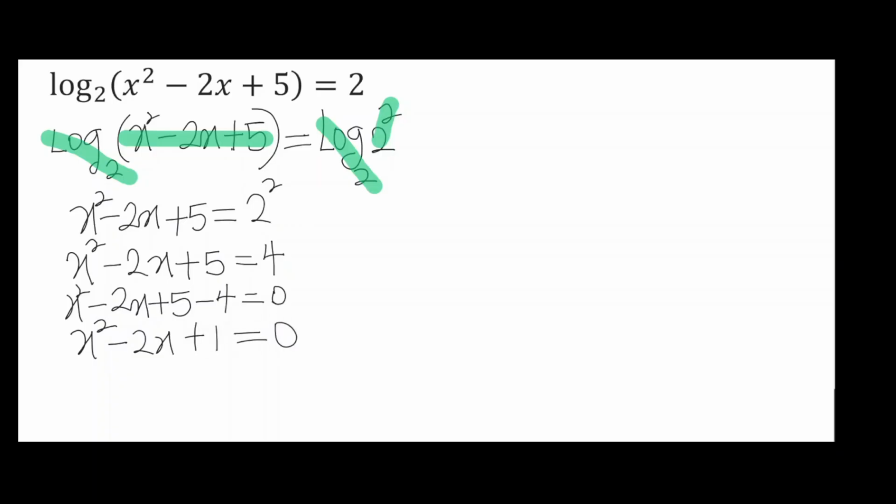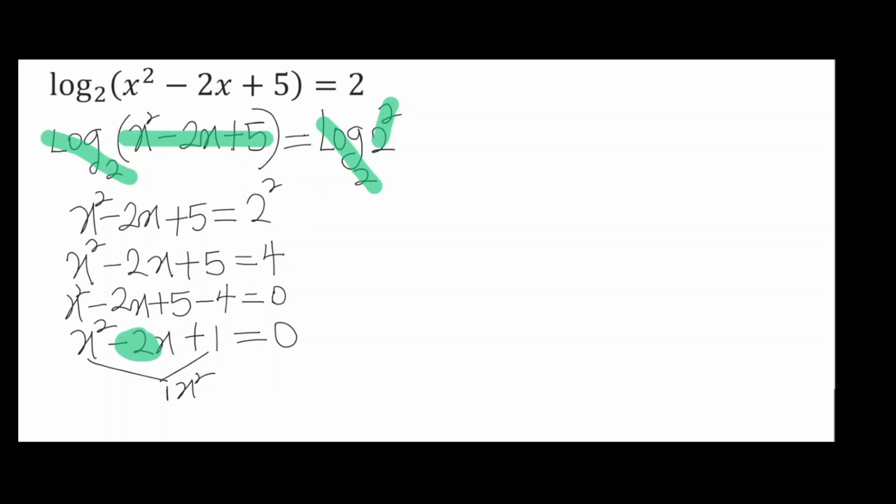So all I need to do now is solve this quadratic equation. I'm going to use the factorization method because it's easy to factorize. So I have x squared, and the coefficient here is 1. So what are the factors of 1 such that when I add those two factors together, I get -2 as we have in the middle there?